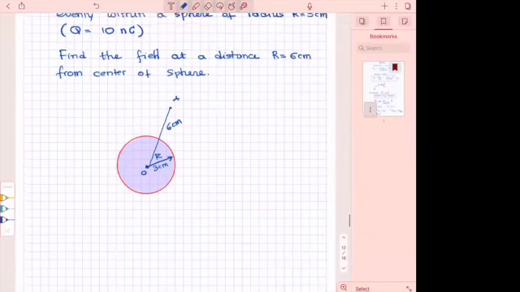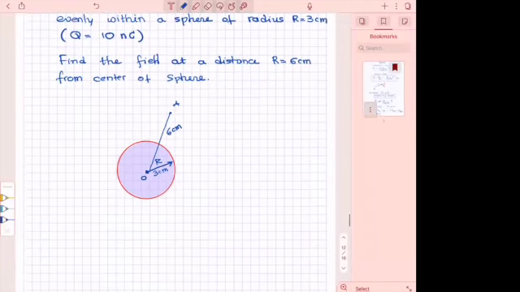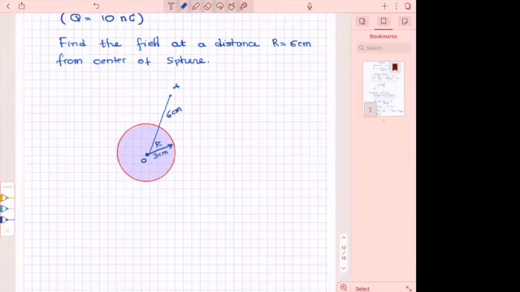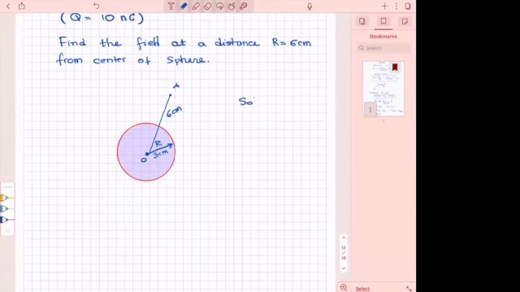The total charge is Q. But since it distributes evenly, my first step is to say that I will have a volume charge density, which is the total charge divided by the volume of the sphere. And how much now is the volume of the sphere? You just told me.